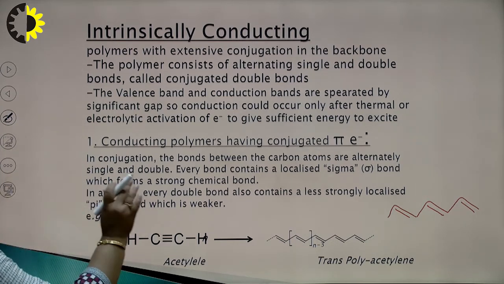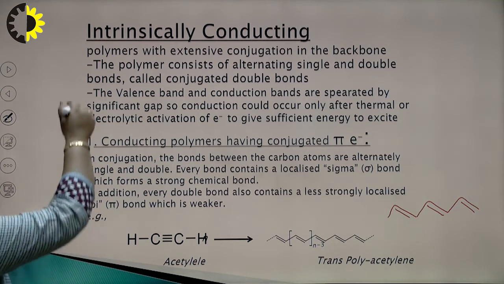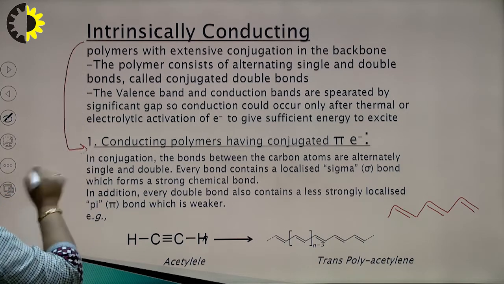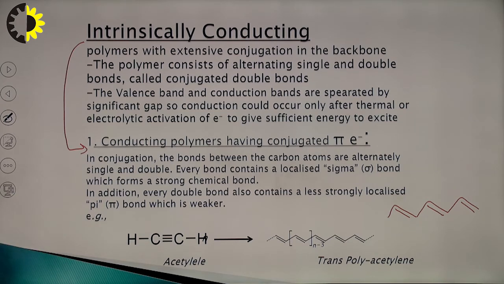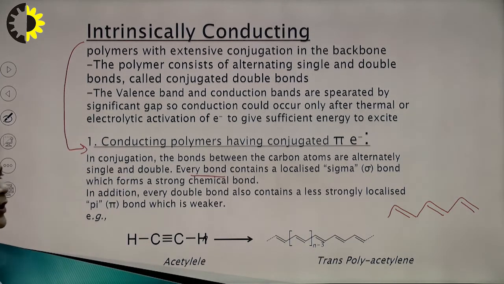So, intrinsic conducting polymer means the normal conducting polymer, and the first category of this is conducting polymer having conjugated pi electrons. We know that conduction is due to overlapping conjugated pi electrons over the entire backbone, and each bond contains a localized sigma bond which forms a strong chemical bond.